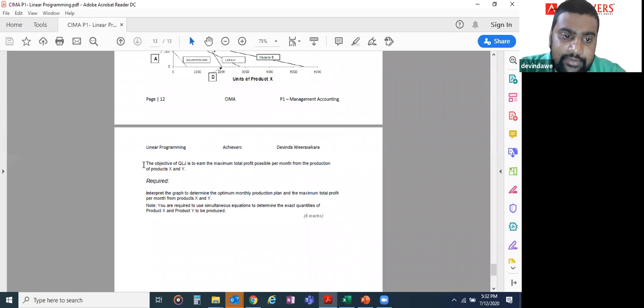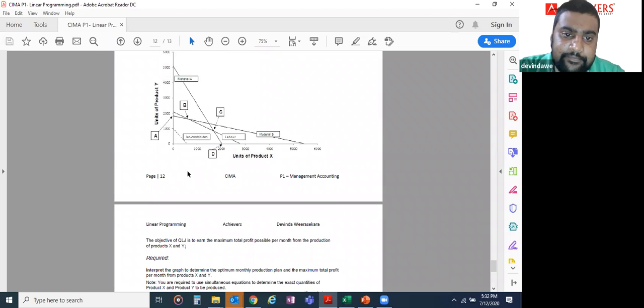So then the objective of QLJ is to earn the maximum total profit possible per month from the production of product X and Y. Required, interpret the graph to determine the optimum monthly production plan and the maximum total profit per month from X and Y. Right? Okay.